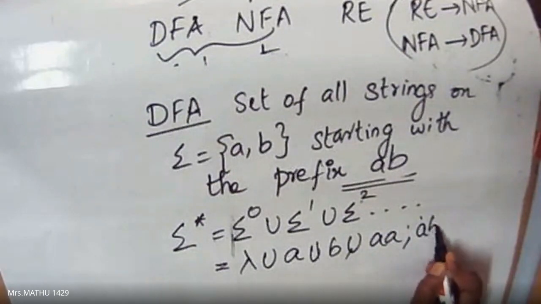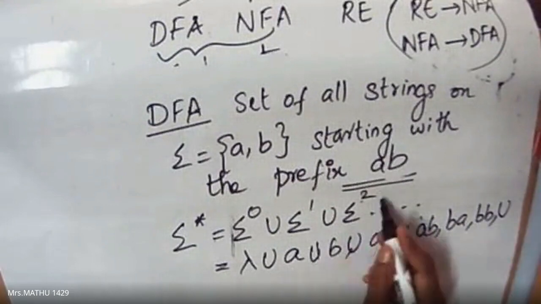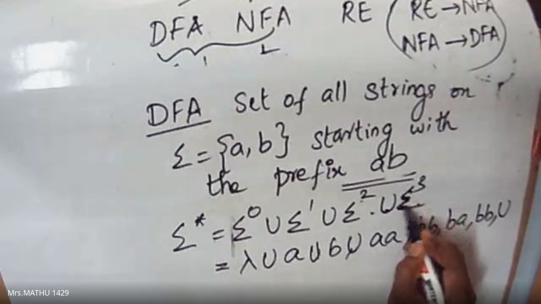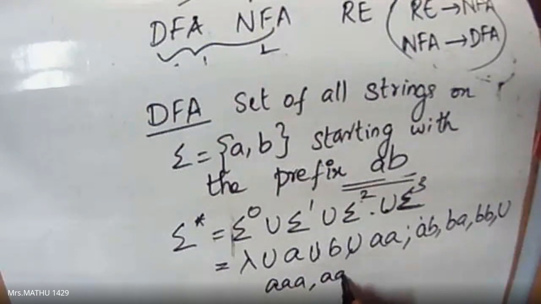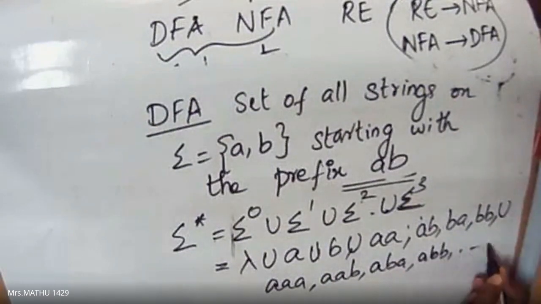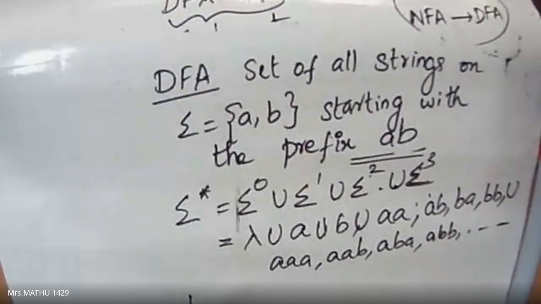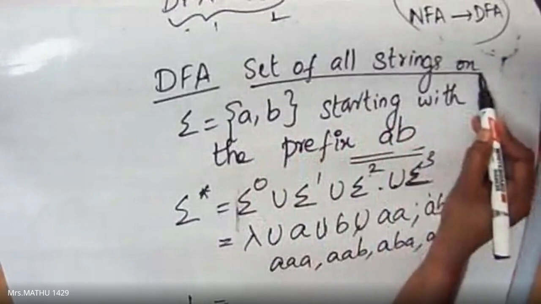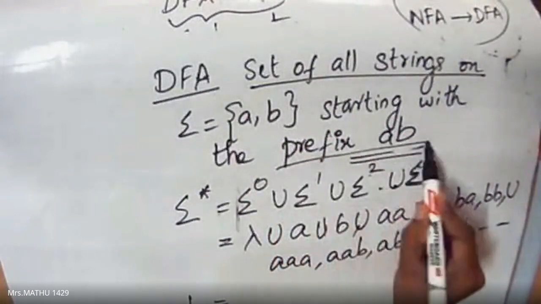AA, AB, BA, BB, and now including powers of 3. When it is repeated 3 times, of length 3, you will have still more choices: AAB, ABA, ABB, so on. There are several choices. Now, what is the language asked? The language asked is the set of all strings starting with the prefix AB.